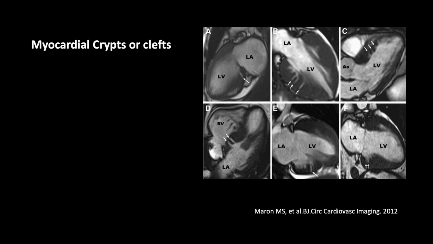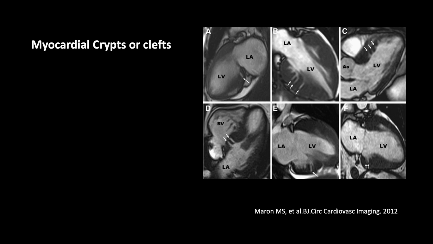Myocardial crypts or clefts are narrow and deep blood-filled invaginations contiguous with the left ventricular cavity, extending greater than 50% of wall thickness, that are not associated with any thinning of the myocardium and that are associated with normal contractile function.